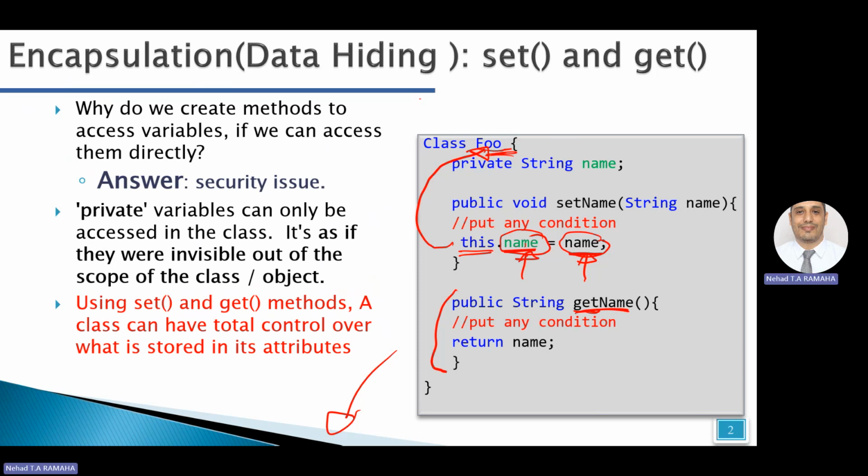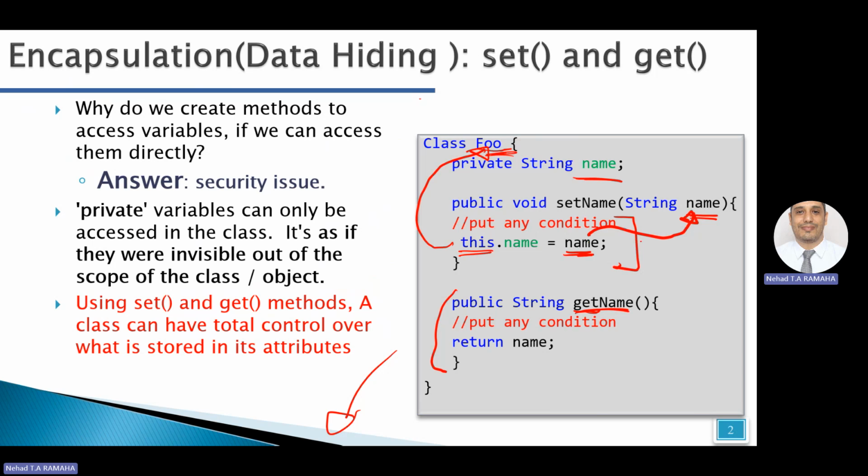Okay, when we said this, it means this class or the object of this class. When we have two variables with the same name, a variable for the class and a local variable as a passing parameter, then inside the method, when you mention the variable directly like this, it means the local one.